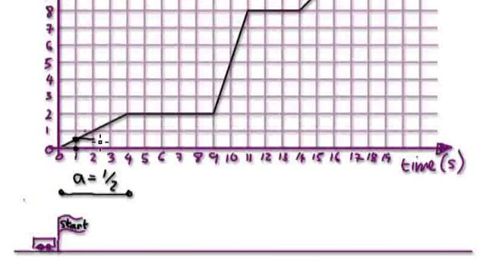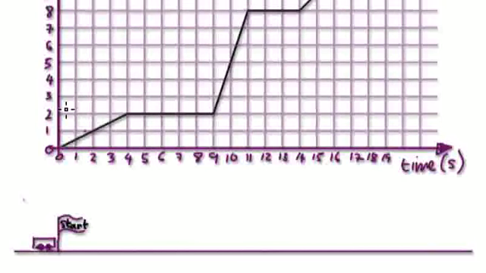And then after another second, the speed has increased by another half. So after 2 seconds, it would have done 1 meter per second. And then after another second, his speed would have increased by another half, and so on.